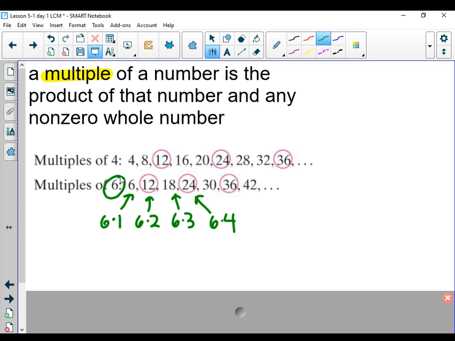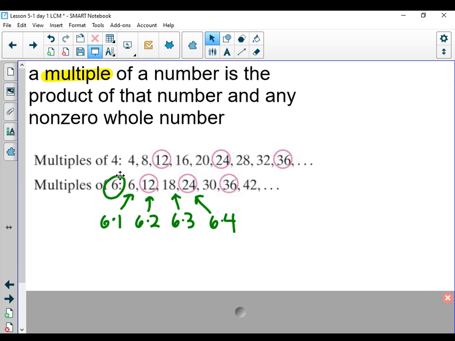And actually, in elementary school, you probably called this skip counting. If you look back at one of your first grade report cards, it might say skip counting, and then it has a little E by it for excellent or whatever it is. So multiples, you multiply to get them, or you might also call it skip counting.